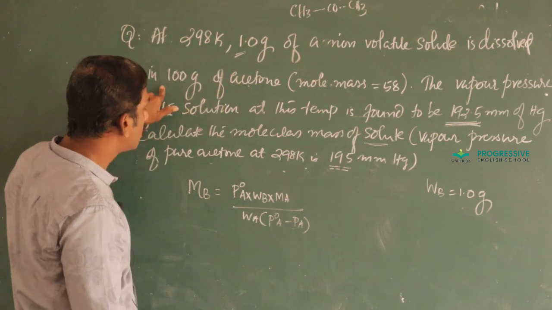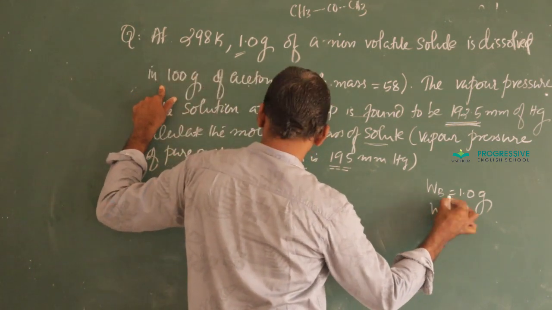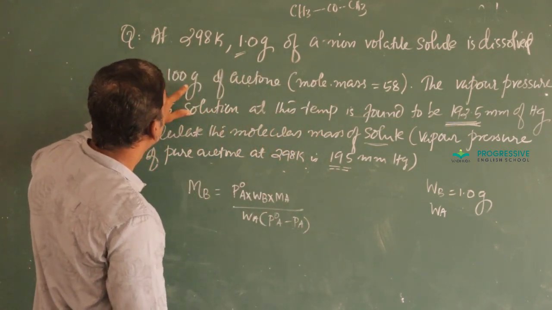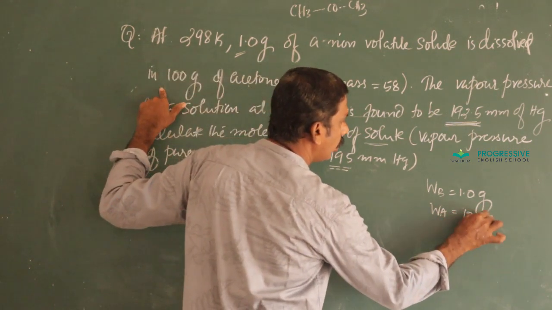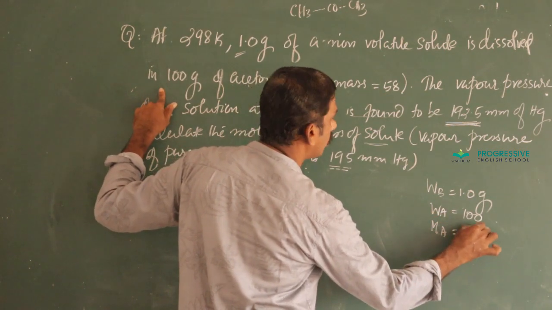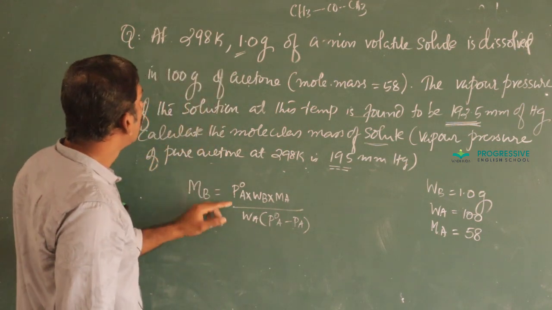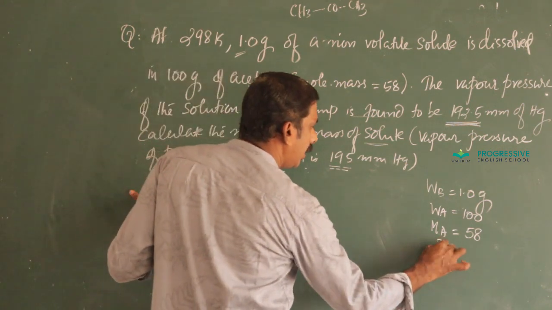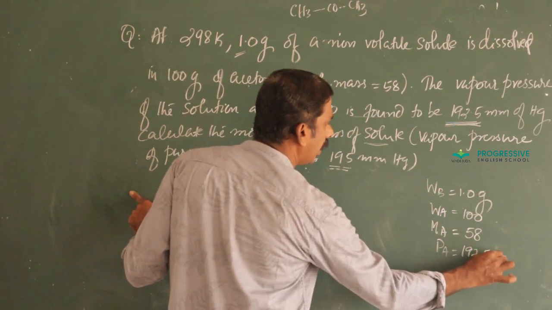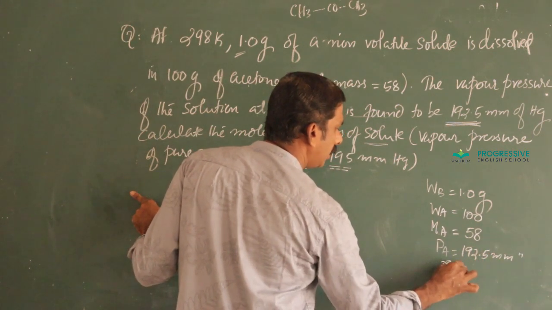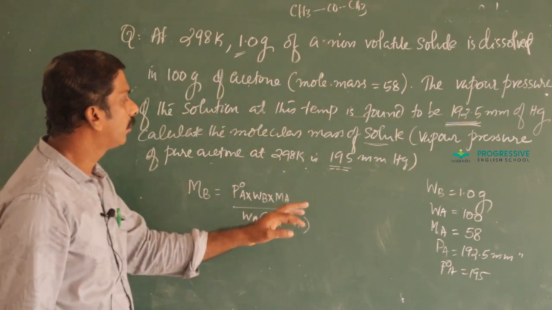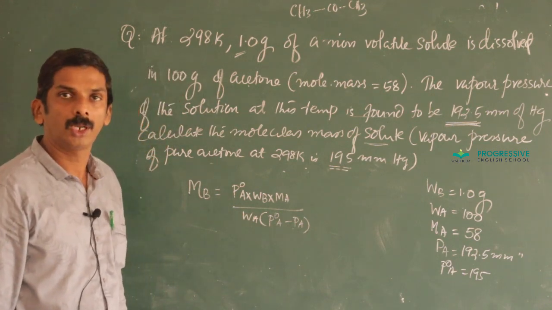Then 100 gram of acetone is the mass of solvent, WA equal to 100, molecular mass of solvent MA equal to 58, then PA equal to 192.5 millimeters of mercury, P0A equal to 195 millimeters of mercury. Got it?